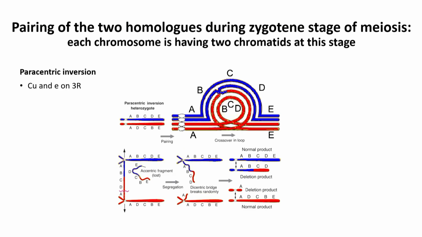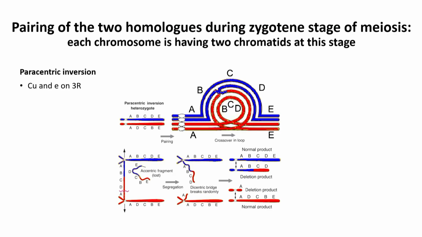After such pairing, there will be crossing over. There can be several crossovers, but just to make it simple, one crossover has been shown here. This is the region where crossing over has occurred.